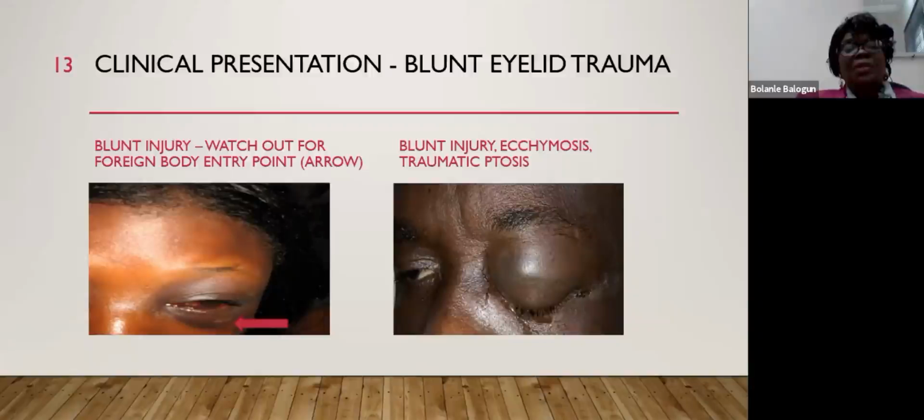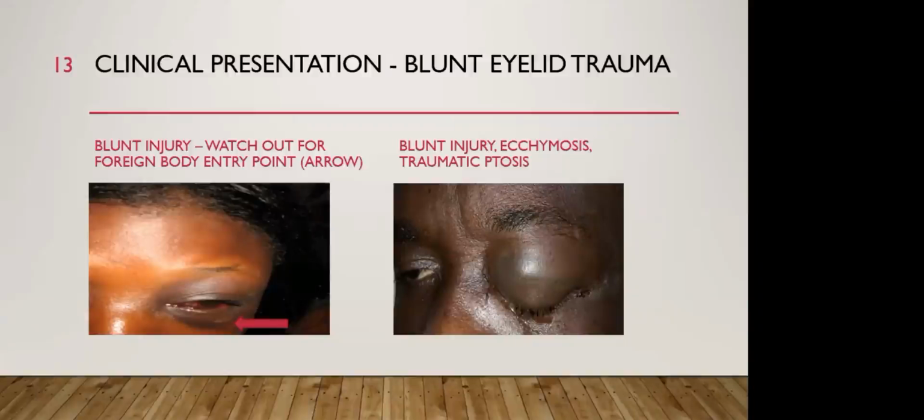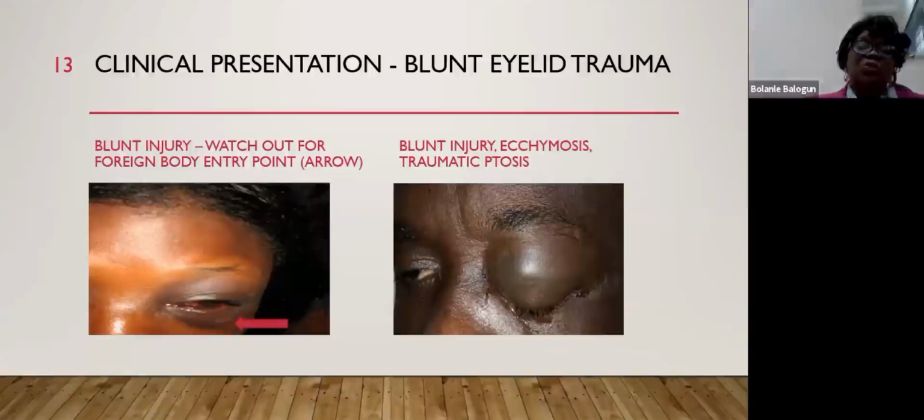And we can see there is ecchymosis of the eyelid. The eye is also involved in the injury. But what I really want us to know is the red arrow showing a small area there. When we have injuries like that, especially from the history, depending on the etiology of the injury, we should watch out for an entry point for foreign bodies.